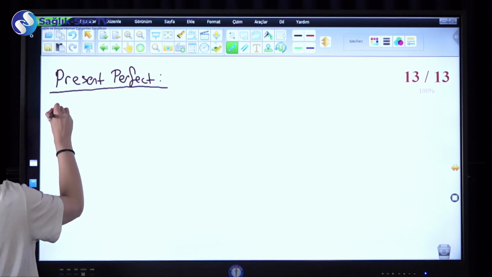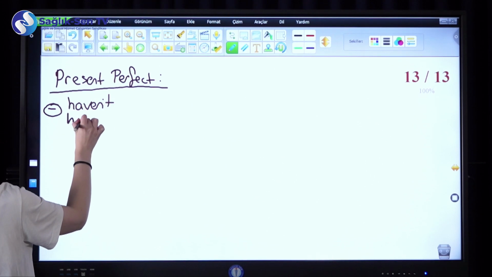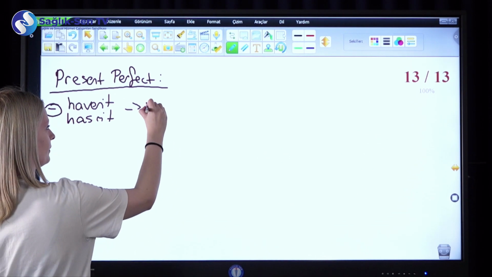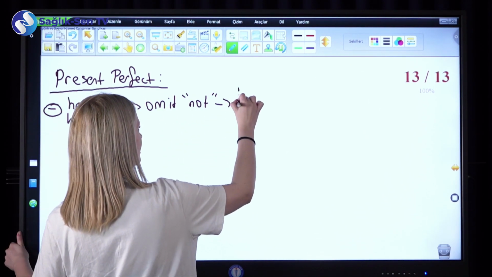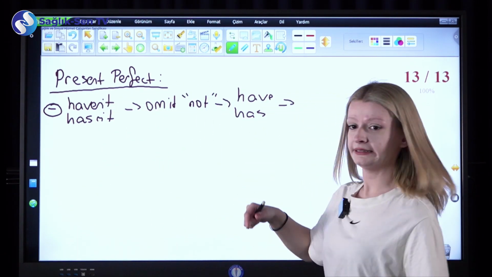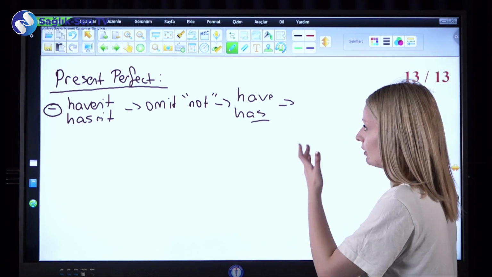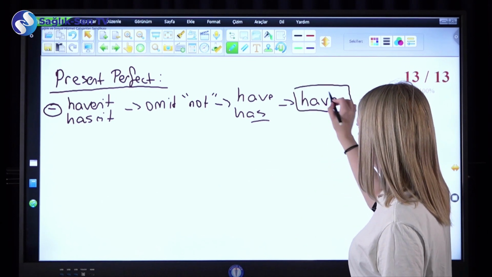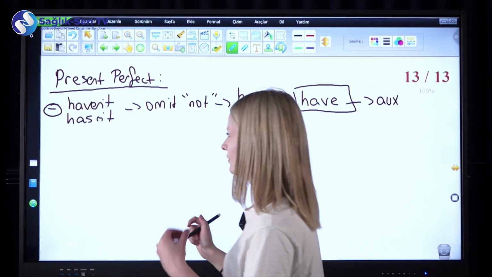In this case, in our negative sentence form, we use haven't or hasn't. We are going to omit not, and we are left with have, has. Has is the form of have, which we form according to our subject in the sentence, and you are left with have, which is our auxiliary verb for present perfect.